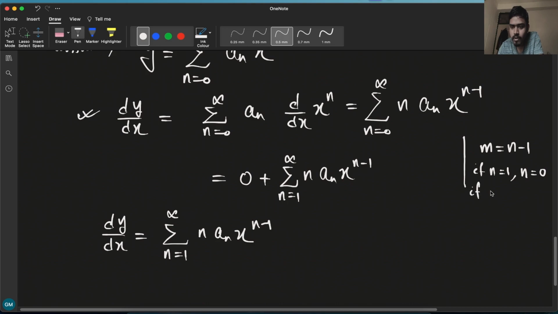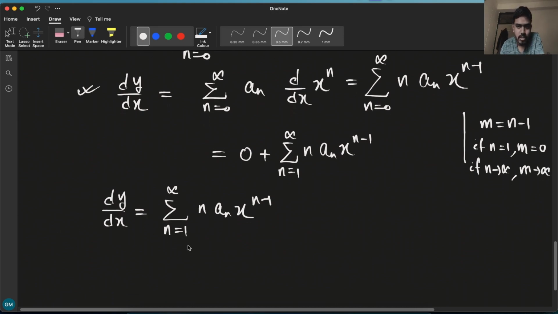And if n tends to infinity, m also tends to infinity. Also n equals m plus 1.